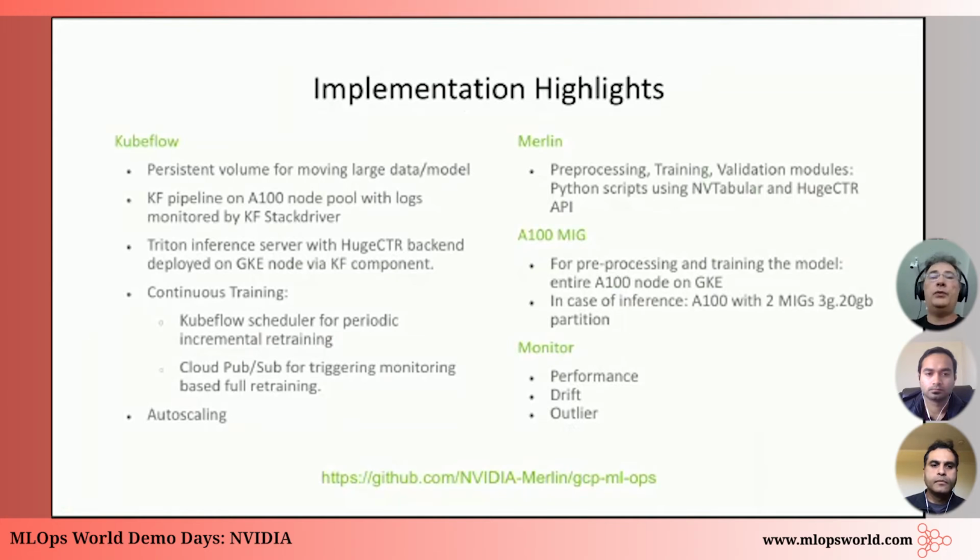We are going to use a Kubeflow pipeline, demonstrated in this case on A100 GPUs. A100 is the latest GPU architecture from NVIDIA, and it is very useful because a single GPU can be split into up to 7 smaller GPUs, therefore increasing utilization.